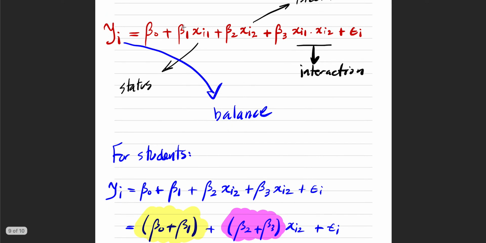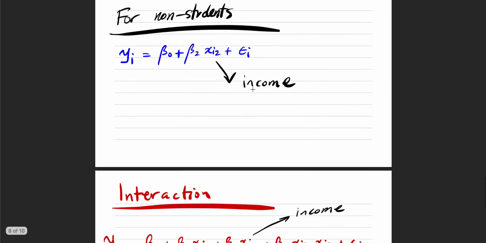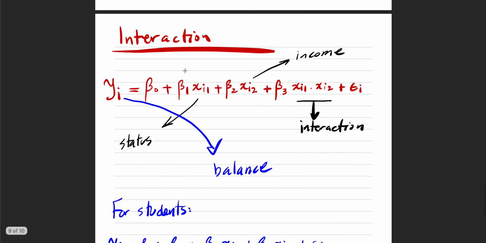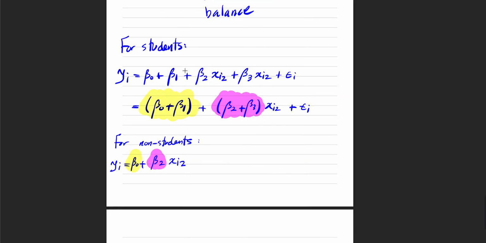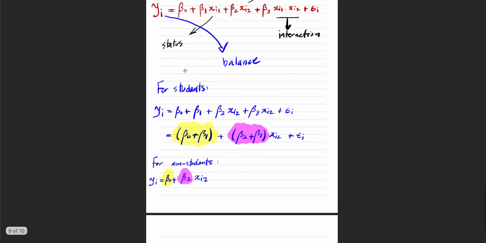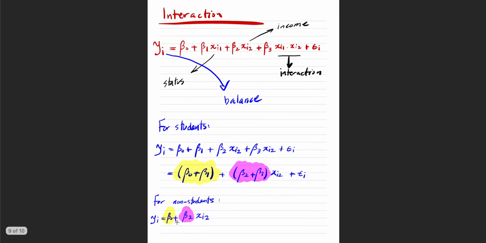Now for non-students, this term is 0. This term is also 0 because xi1 is 0. So for non-students, we have yi equals beta 0 plus beta 2 xi2. Well, these intercepts are different. The slopes are also different. There is an irreducible error that's missing.